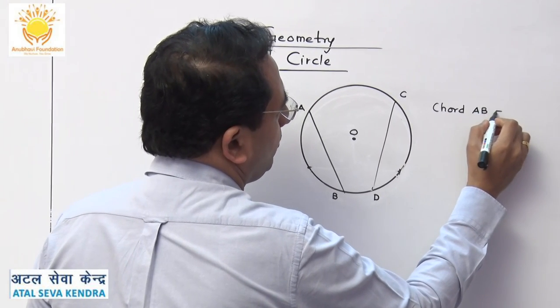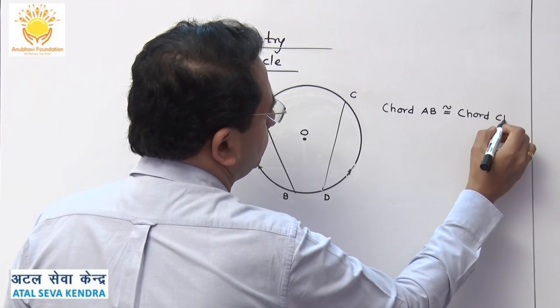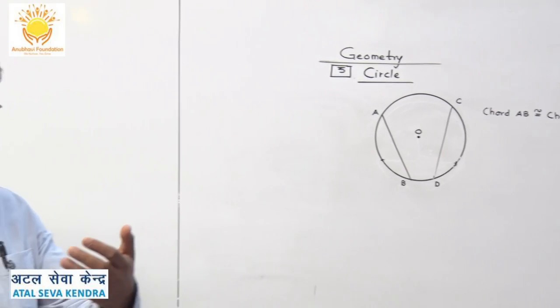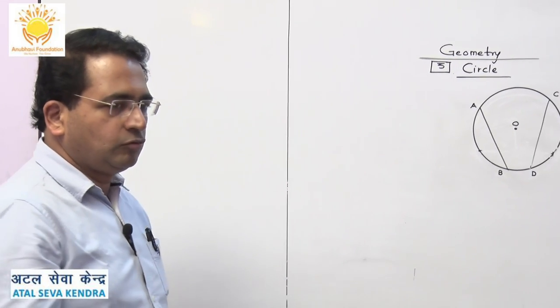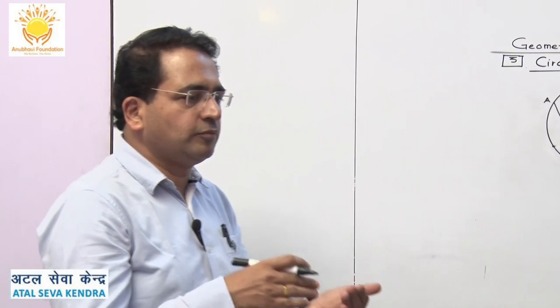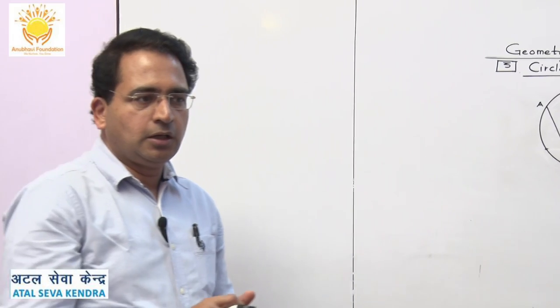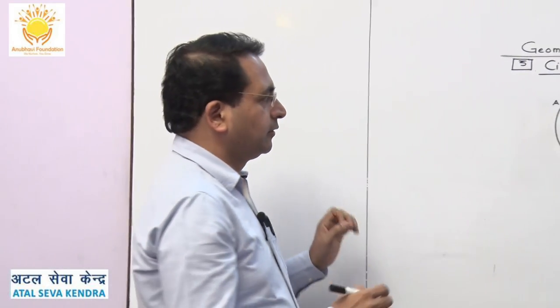So chord AB is congruent to chord CD. Now if I ask you to find the distance of each chord from the center, the distance of a chord from the center is definitely going to be the perpendicular distance of the chord from that center.